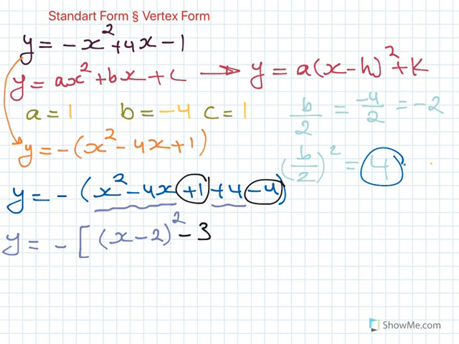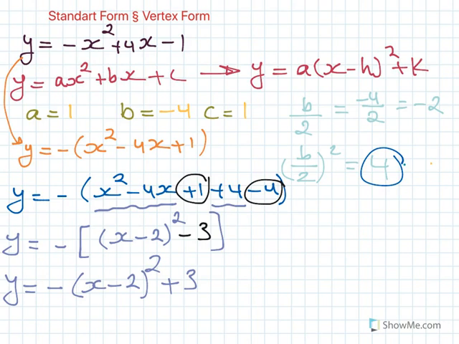Okay, so let's go back here. Okay, wonderful. So just a little simplification to this function. So y is equal to negative, x minus 2 squared, and negative times negative 3 is positive 3. And that's exactly how the vertex form of a quadratic function should look.